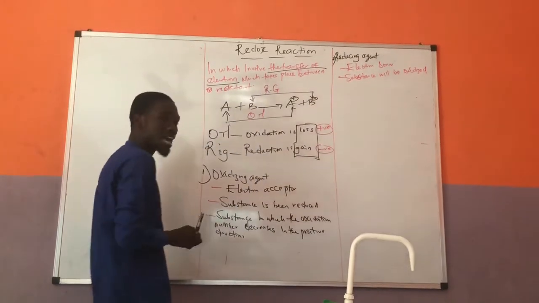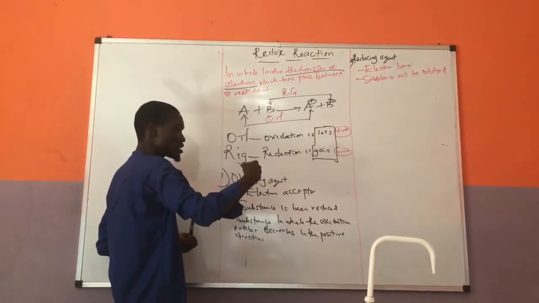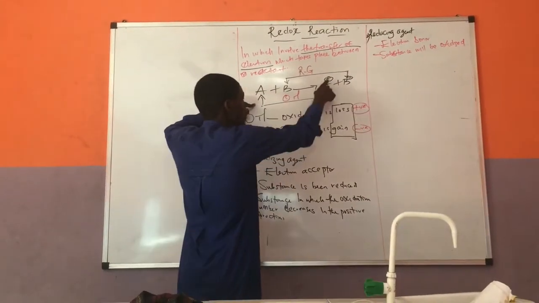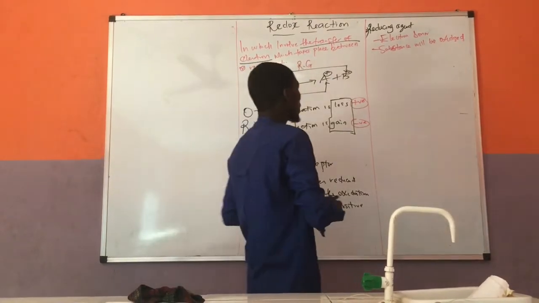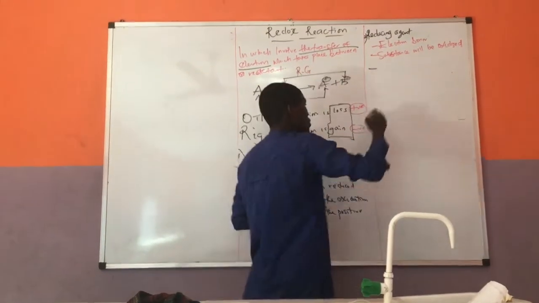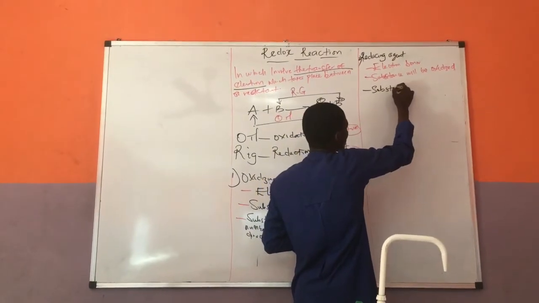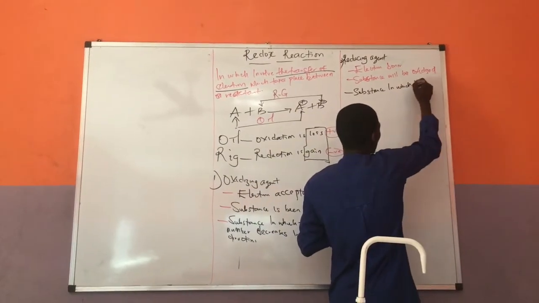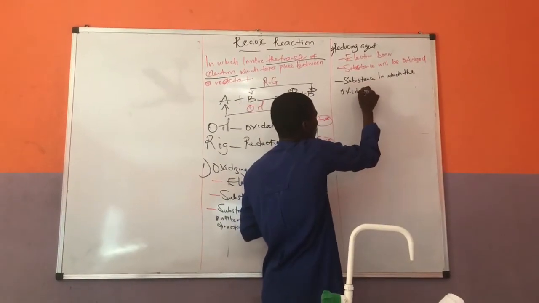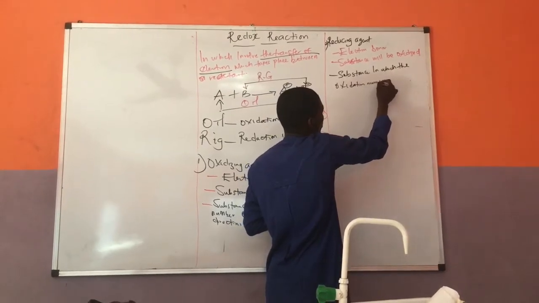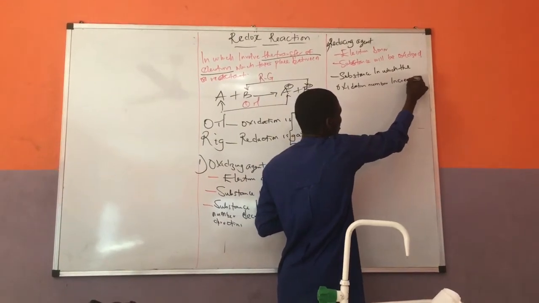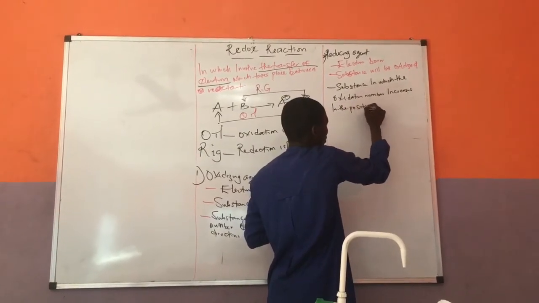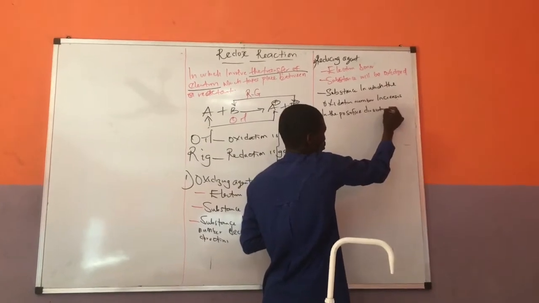They said substance in which the oxidation number decreases in the positive direction. So you can see it now. Positive direction. So now the third point will be substance in which the oxidation number increases in the positive direction also.